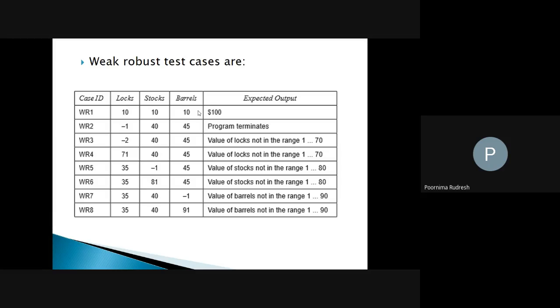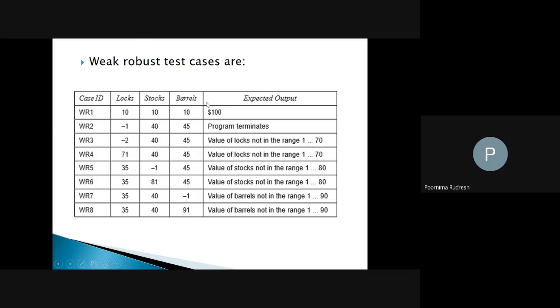If the salesperson sells up to $1,000, then he is going to get the 10% commission. If he sells more than $1,000 and less than $1,800, then he is going to get 15% of the commission. And if the salesperson sells more than 1,800, then he is going to get 20% of the commission. Okay, that is the expected output.